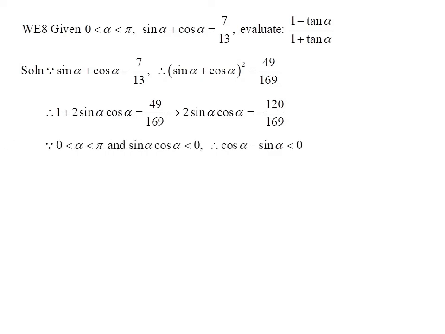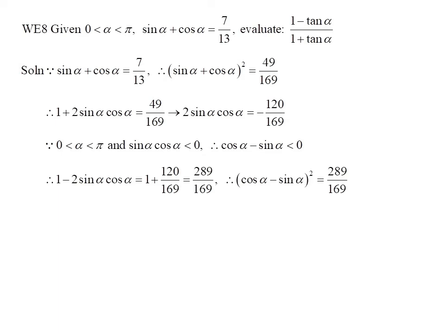Since the angle alpha is between 0 and pi, and sine alpha cosine alpha is less than 0, the angle alpha is located in the second quadrant, which implies that cosine alpha minus sine alpha is less than 0. Hence, 1 minus 2 sine alpha cosine alpha, which is (cosine alpha minus sine alpha) squared, equals 289 over 169.